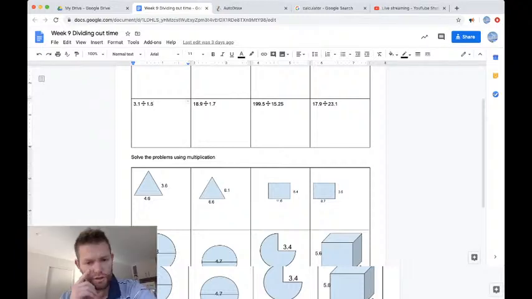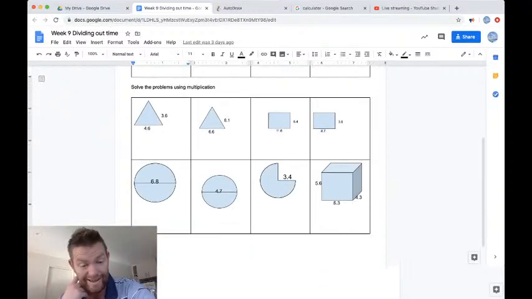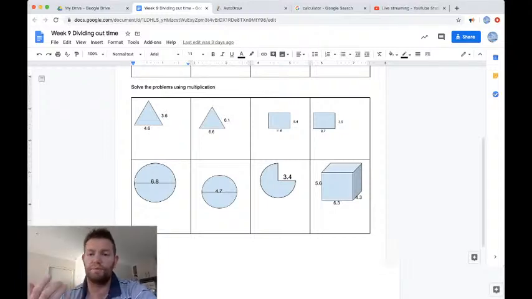Okay, so let's have a look at the other half. The other half is very simple. It's multiplication. And they're easy multiplications, but, well, not super easy. One of the things that is a big part of this, if you've looked at your rubric, which is in the top of your things, is you need to be using these multiplication strategies to solve area and perimeter, well, not perimeter problems, you don't use multiplication to solve perimeter, area and volume problems.